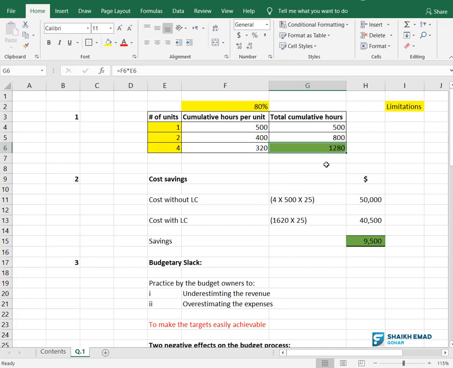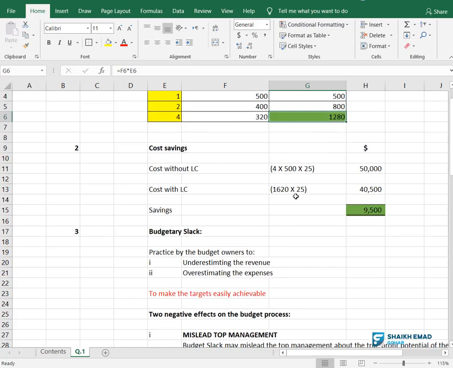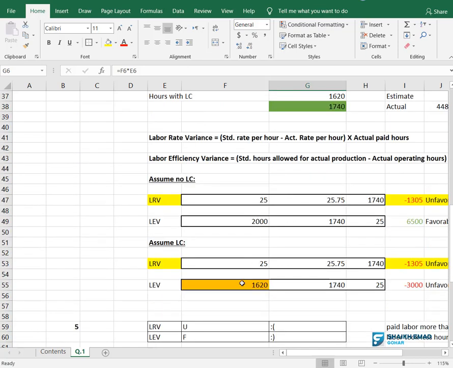It means the target is more tough now. Getting the story? This is the allowed hours. So do you think efficiency variance will become more unfavorable if I use 80%? Definitely. For example, let me do it again. I put here 80%, it came 1280. This 1280 I will keep here. Right now see how much was there?